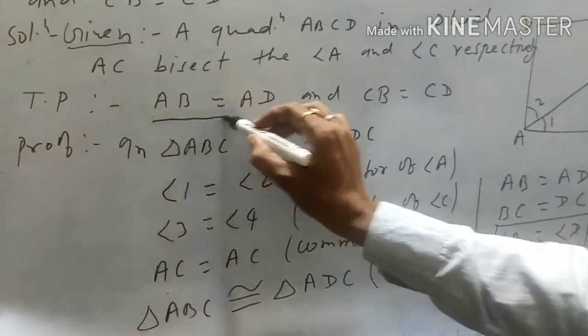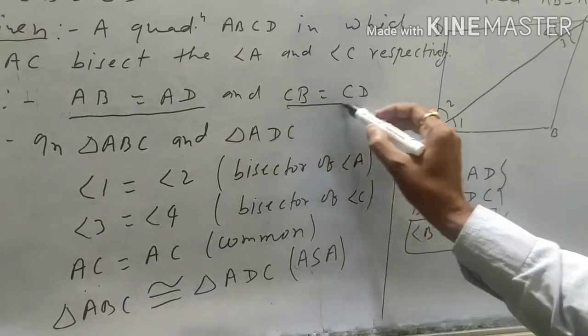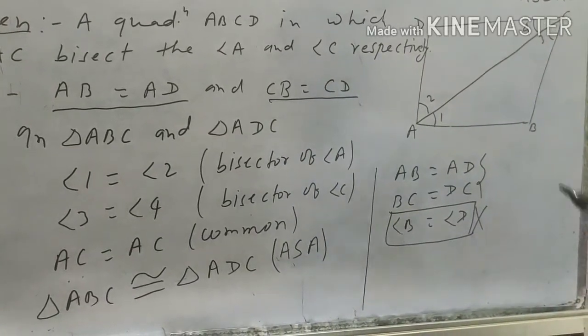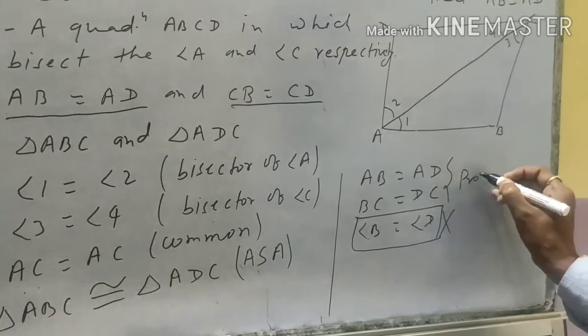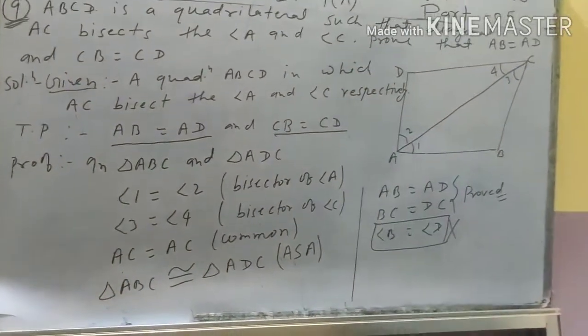This is your proof, student. AB is equal to AD and BC is equal to CD. Okay, student, I hope you will understand this question.